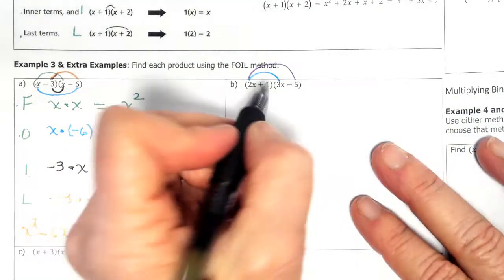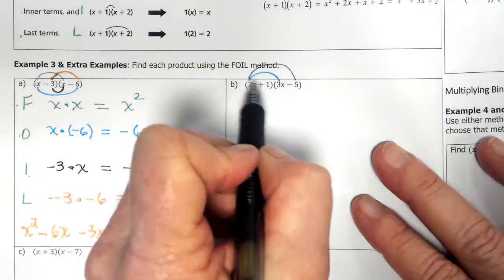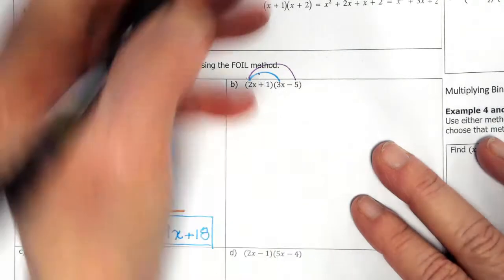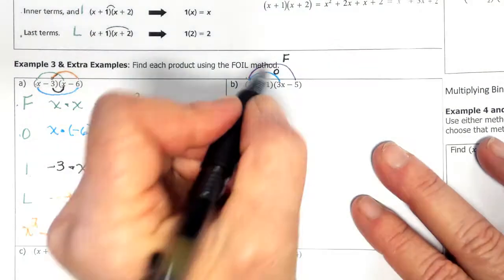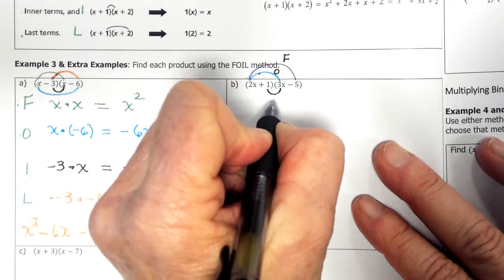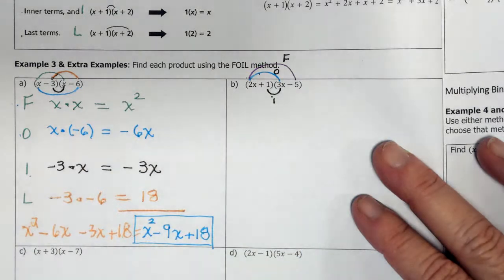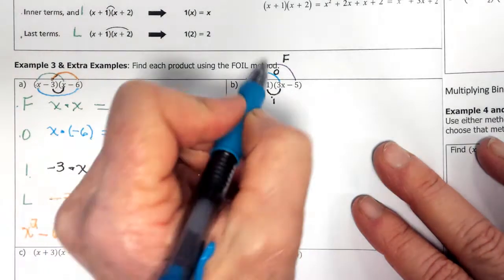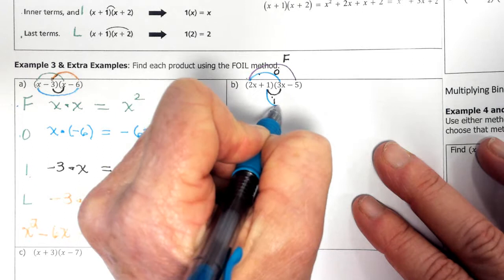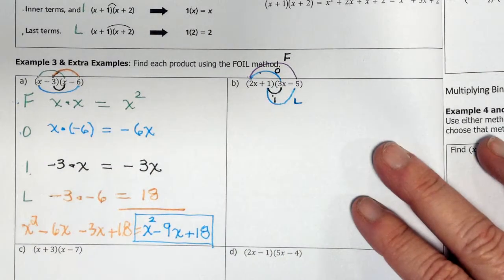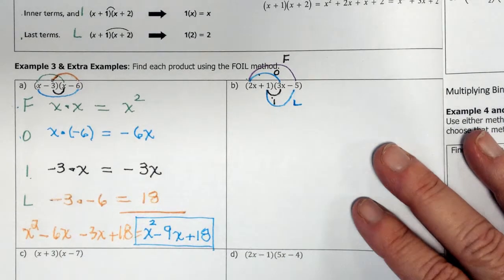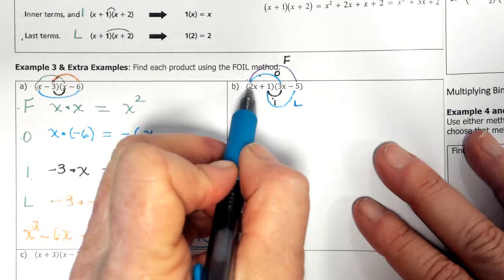Then I go inner, that's my I. And what are my last? My last term is the 1 and the negative 5. That's my L.